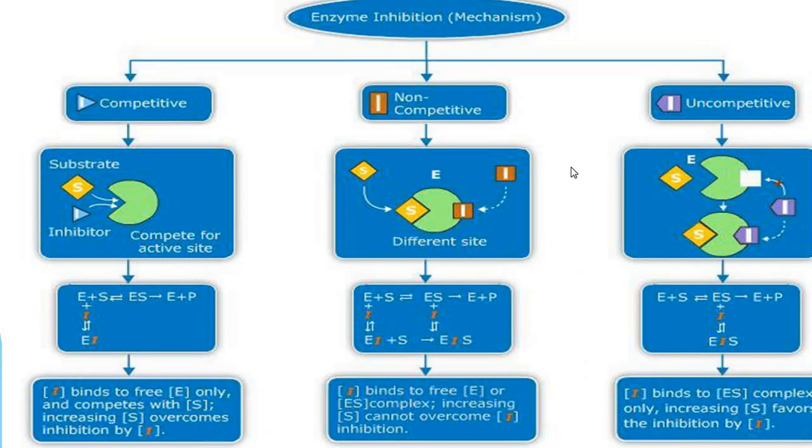Now, coming to the enzyme inhibition mechanism, what is the difference? If we talk about the competitive inhibition, then the substrate and the inhibitor both can bind to the active site by competition, meaning they can compete for the active site binding. So, the substrate will bind to the enzyme active site, or the inhibitor can bind at the active site.